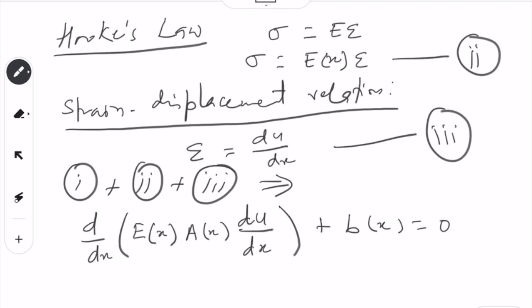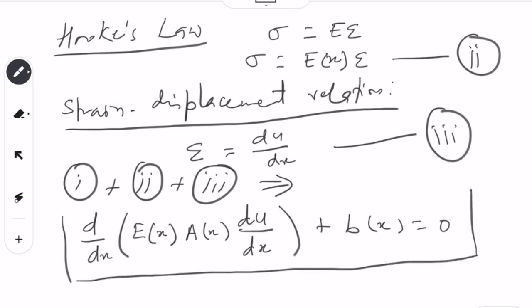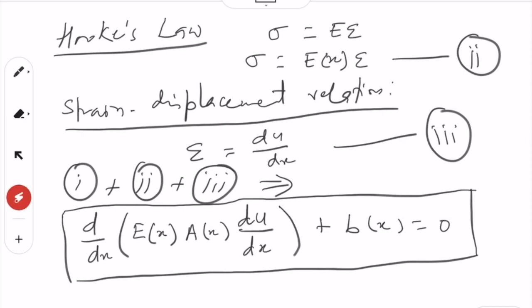So, this is the differential equation that you get. We have combined all the three relationships. Epsilon is equal to du over dx, and this multiplied by E(x) is nothing but the stress sigma.